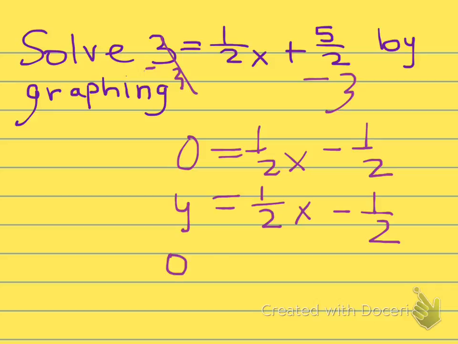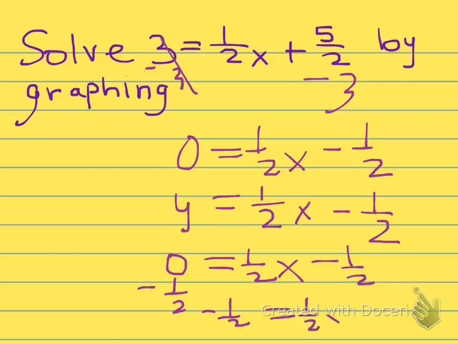So our x-intercept is going to be when we solve for x, so we have to multiply by the reciprocal. And we get -1 for x.